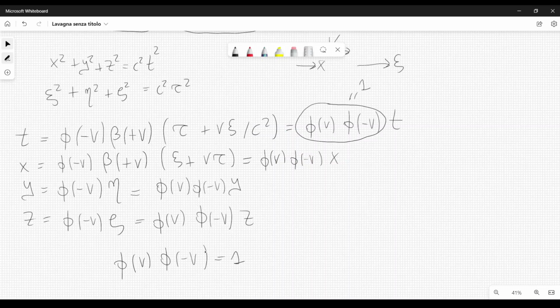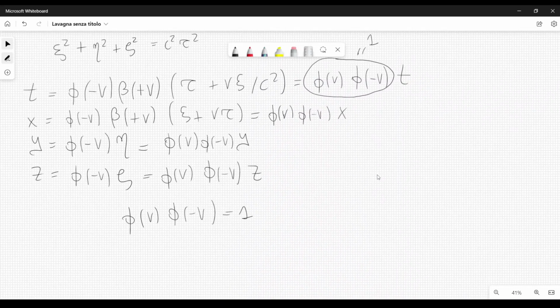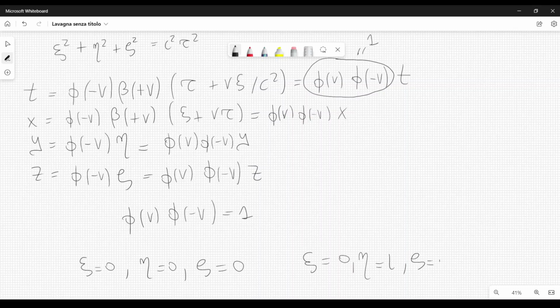Now let's dig deeper into the meaning of phi of v. If we consider a rod along the eta axis whose endpoints are described by the coordinates xi equal to 0, eta equal to 0, zeta equal to 0 for one of the 2 points of the rod, and then the other point will be described by xi equal to 0, eta equal to L, and zeta equal to 0.